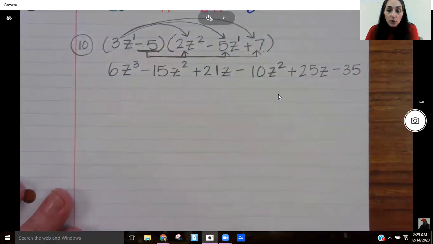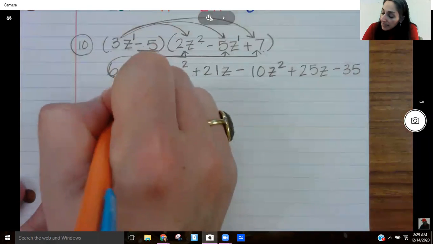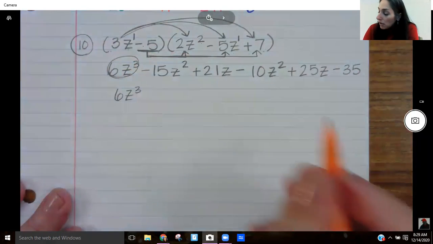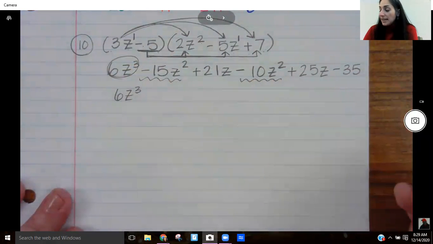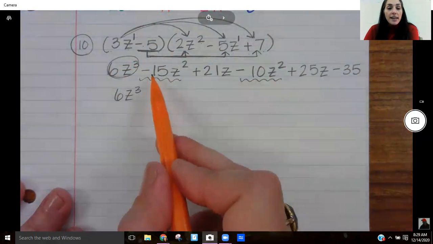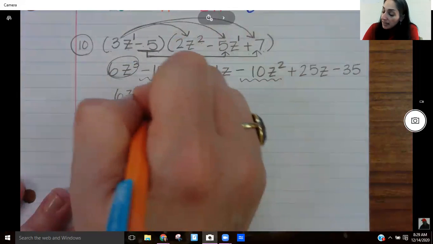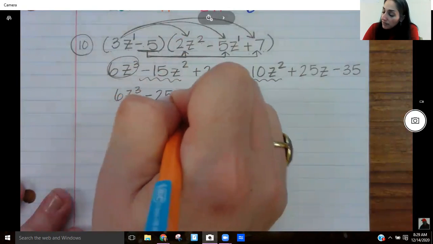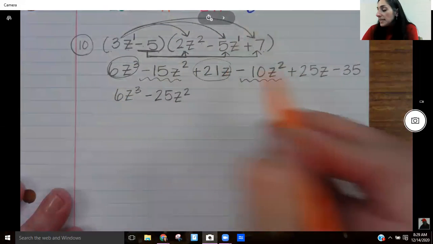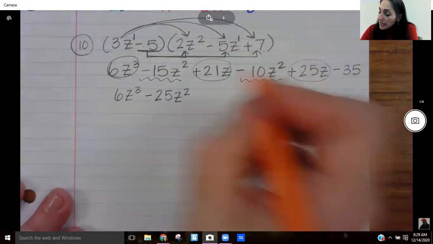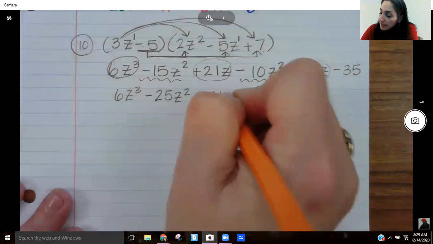Combine like terms with what you have. So 6z cubed minus 15z squared. You get another minus 10z squared. So a negative 15 and a negative 10 is negative 25z squared. 21z plus 25z is 46z.